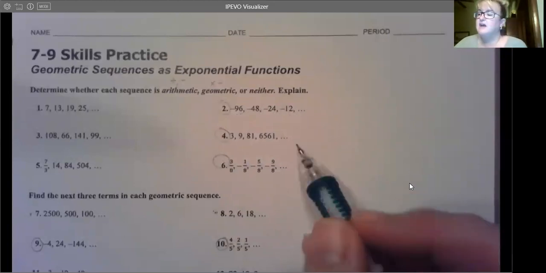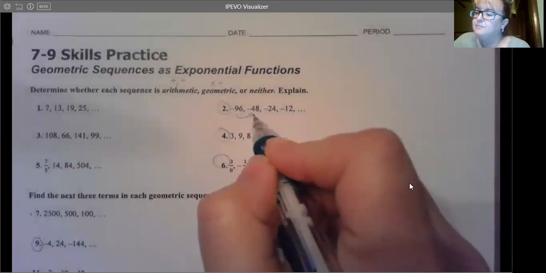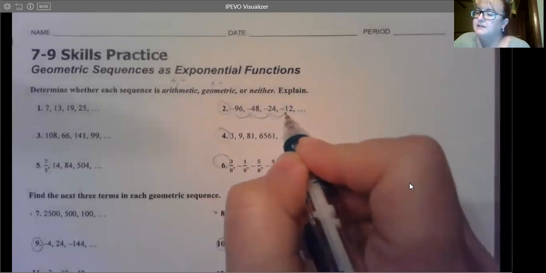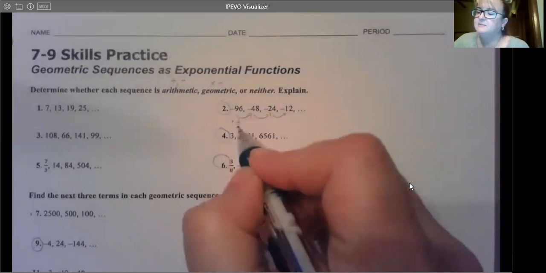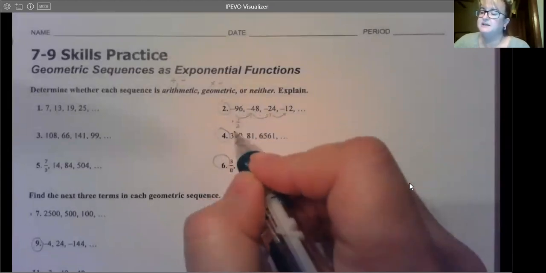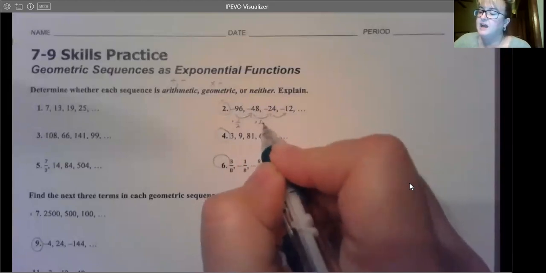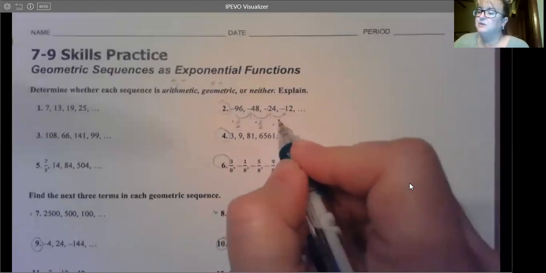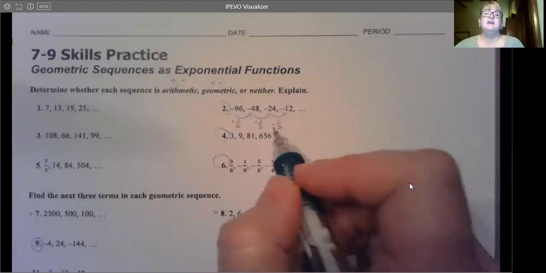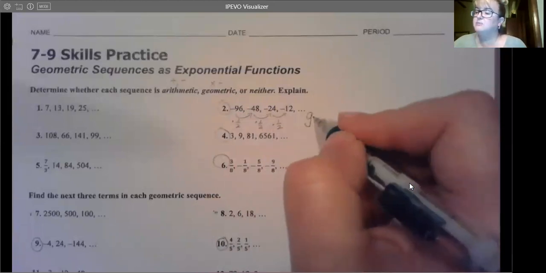So our multiplier is times 1/2. So -96 times 1/2 is -48. -48 times 1/2 is -24. -24 times 1/2 is -12. This has a common ratio, so this is geometric.